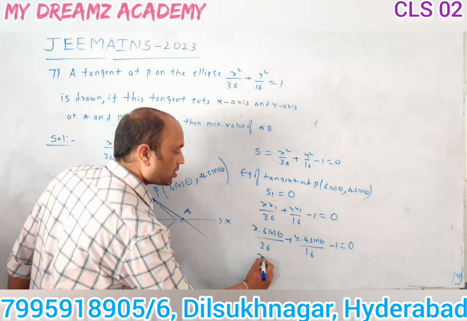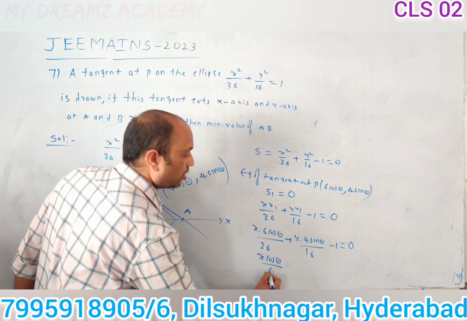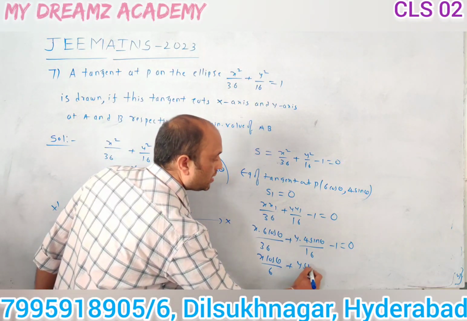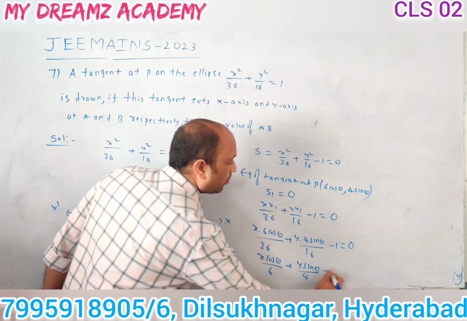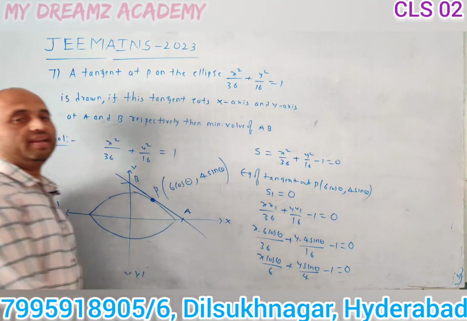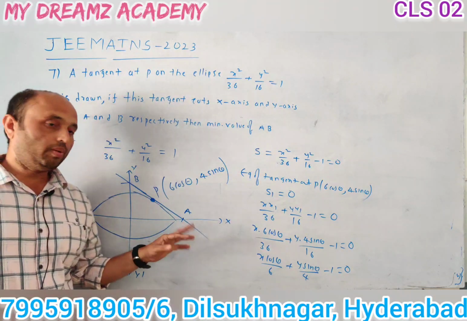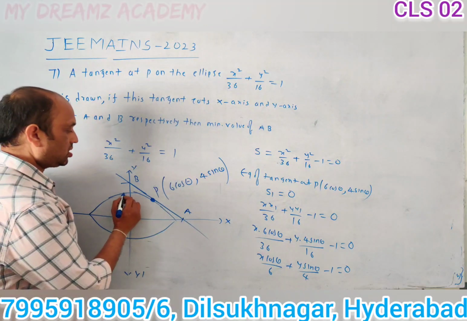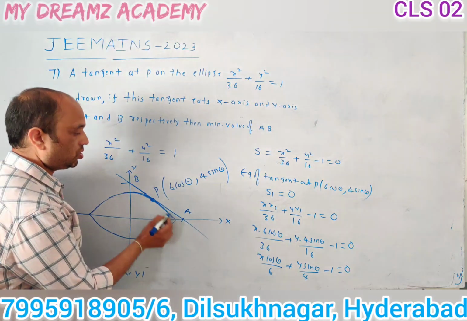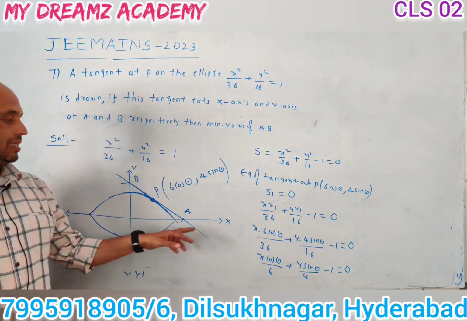So the equation becomes x cos theta by 6 plus y sin theta by 4 minus 1 equal to 0. This is our required equation of the tangent.